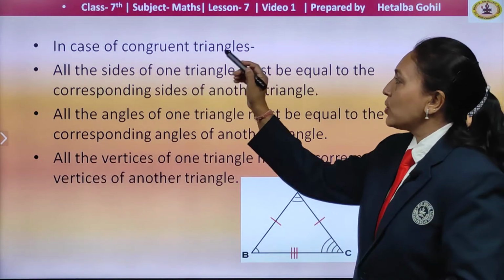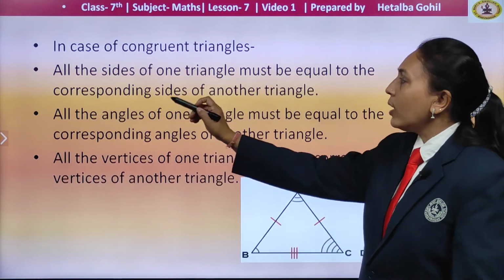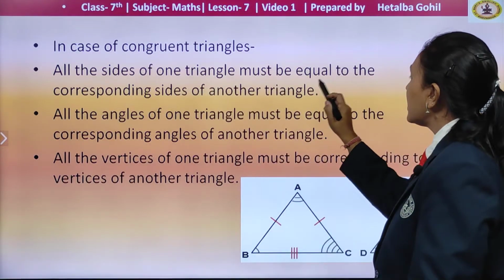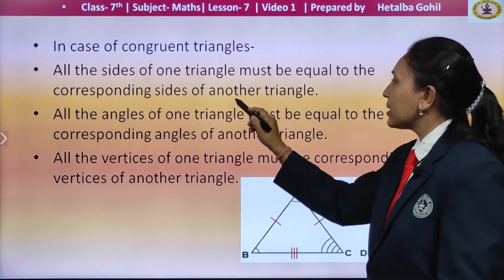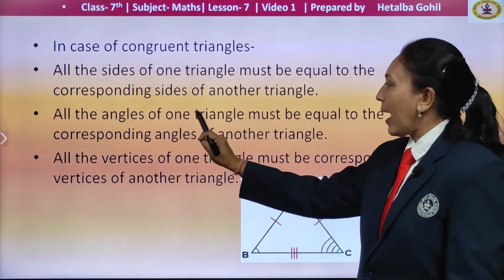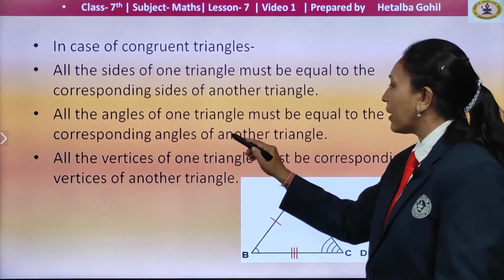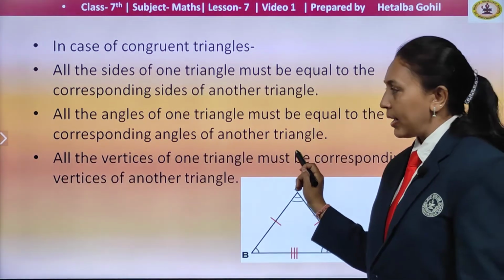Now, in case of congruent triangles, what do we have? Certain rules for that. All the sides of one triangle must be equal to the corresponding side of another triangle. Similarly, all the angles of one triangle must be equal to the corresponding angles of the another triangle.